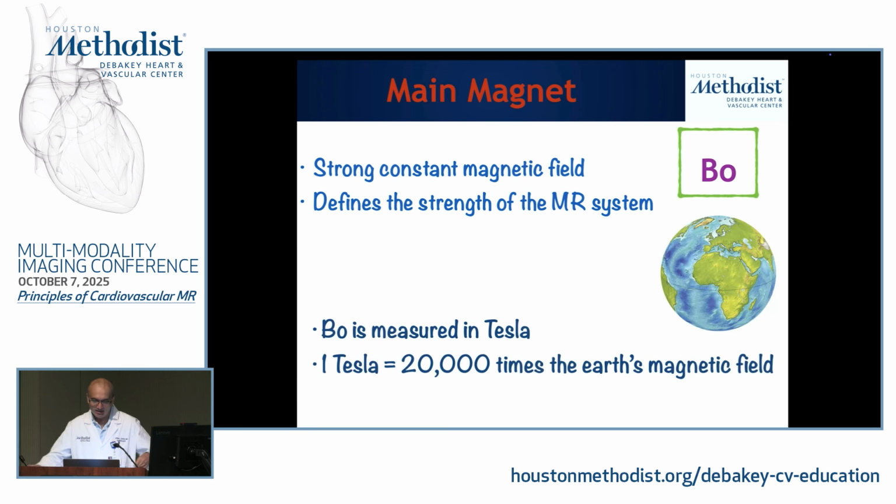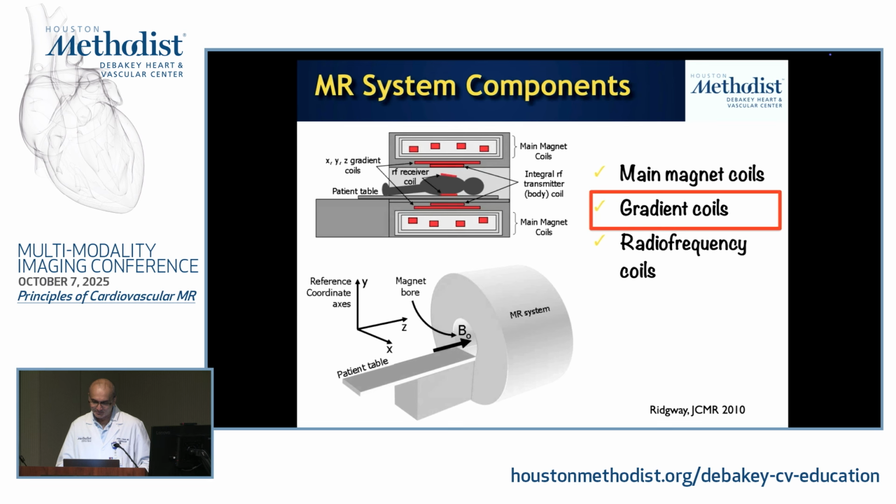To give you an idea of what that translates to, we all know that the Earth has a magnetic field as well, right? If you ever have a compass, you can see that. But 1 Tesla represents about 20,000 times the Earth's magnetic field. So when we're talking about 1.5 or 3 Tesla imaging, we're talking about a fairly strong magnetic field.